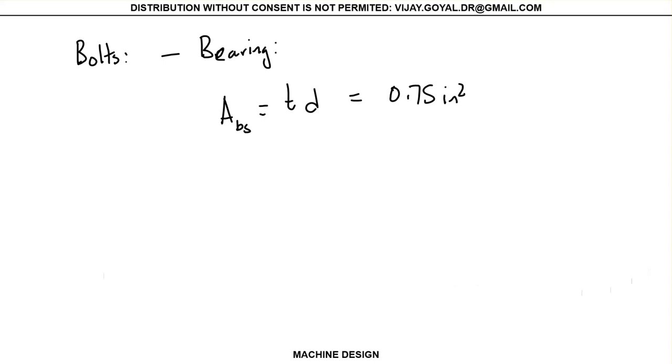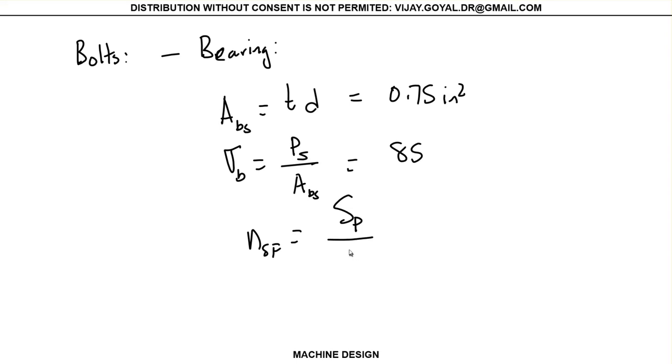Then your bearing stress, sigma B, is PS divided by ABS, and that gives you 85. So your factor of safety is your proof strength divided by sigma B. This is 85 over 85, which is equal to 1. It barely has enough strength to carry, but it is still acceptable.